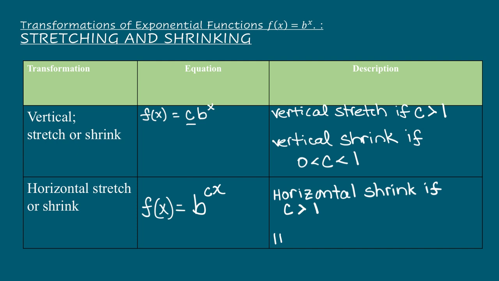And then it will be a horizontal stretch if c is between 0 and 1. So we kind of have to watch that because it works a little bit backwards just because we're on the exponent, and you need to make sure that you're looking to see what your number is and where it's applied to see whether you're stretching or shrinking and whether you're vertical or horizontal.